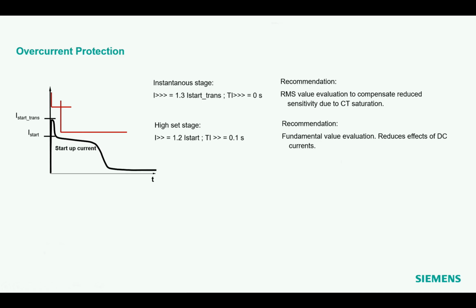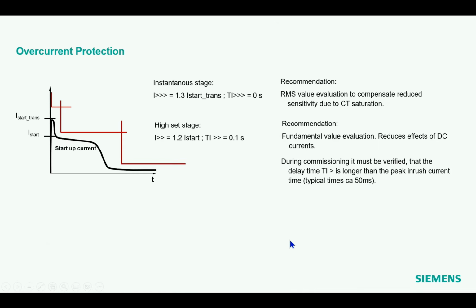So also here, not to have an overfunction, in the case that with the RMS method we also evaluate the DC part here. So then we come a little bit closer to the characteristic here. Okay, and the delay time is already mentioned. You can check that during the commissioning, if you need more than 50 milliseconds, 100 milliseconds, whatever is the value, the time of these peaks here.